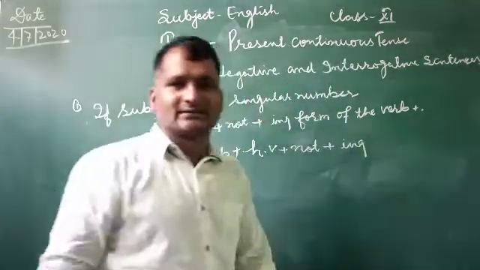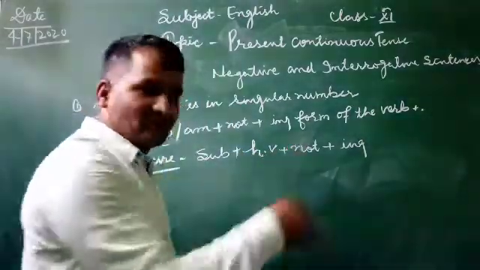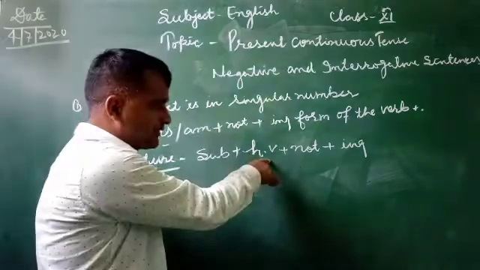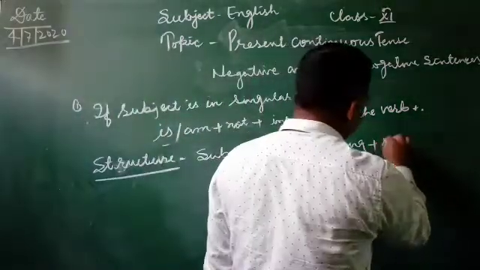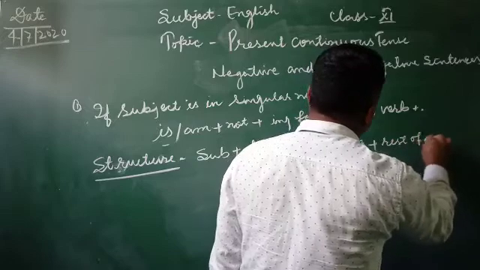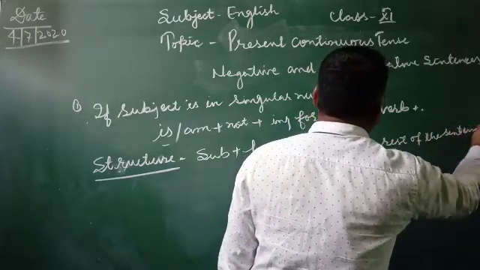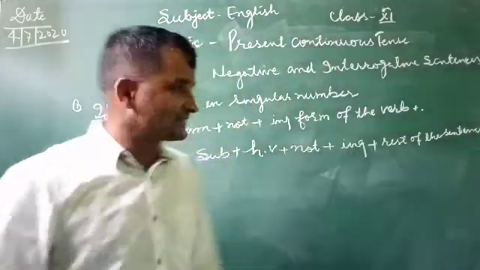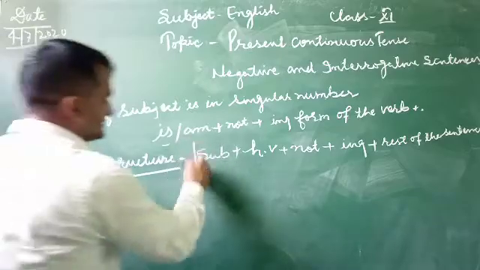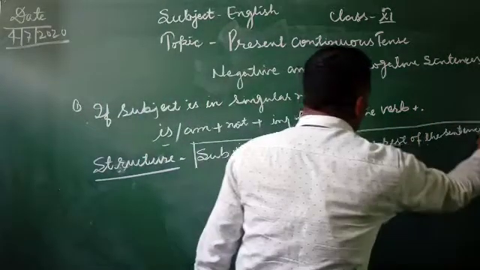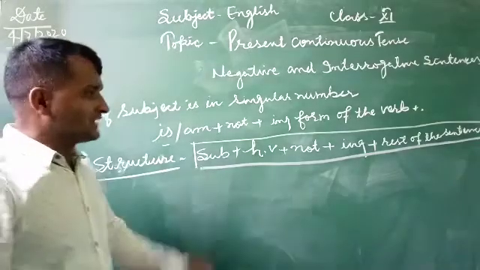We have already discussed that the ing form of the verb is called the fourth form of the verb. So subject plus helping verb plus not plus fourth form of the verb plus the rest of the sentence, or we can say the rest of the words, phrase and object.